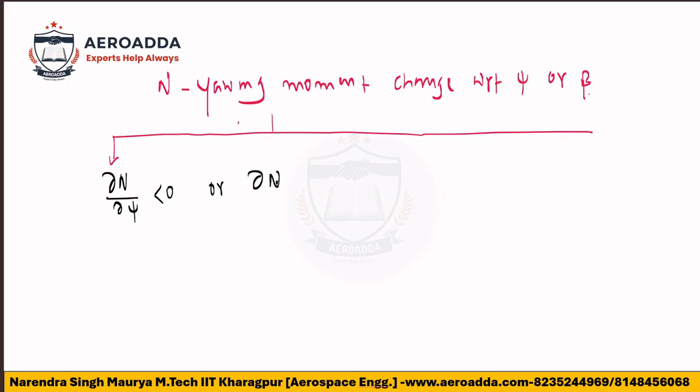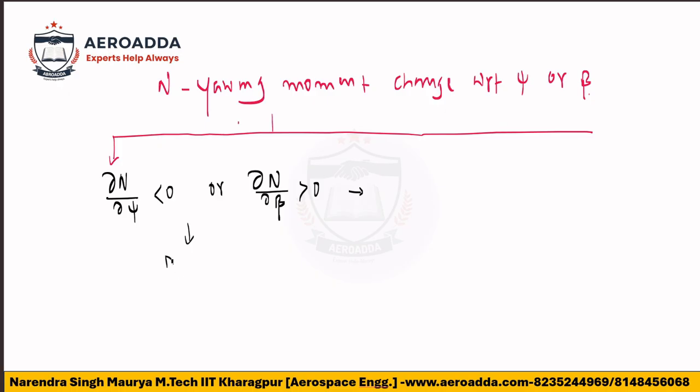So it will be ∂N/∂β positive. There should not be any confusion. Correct. So if this condition holds, then the aircraft is directionally stable.